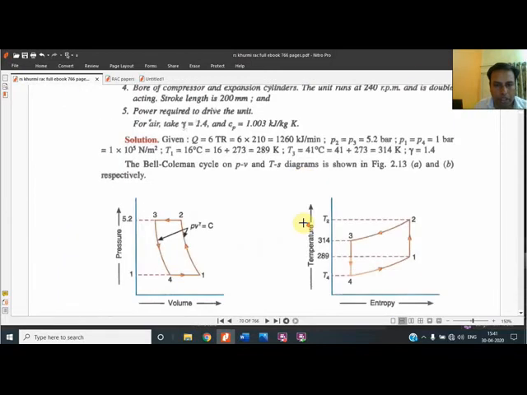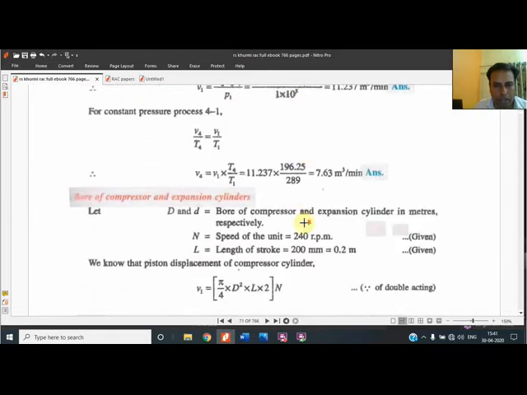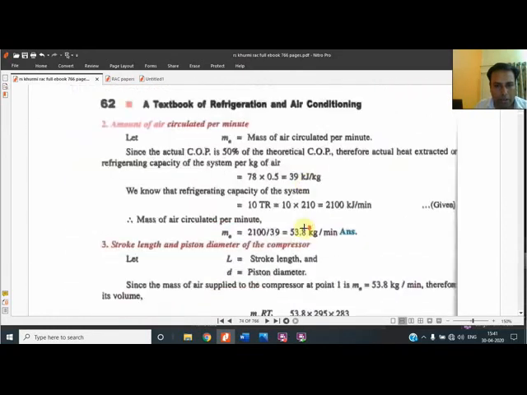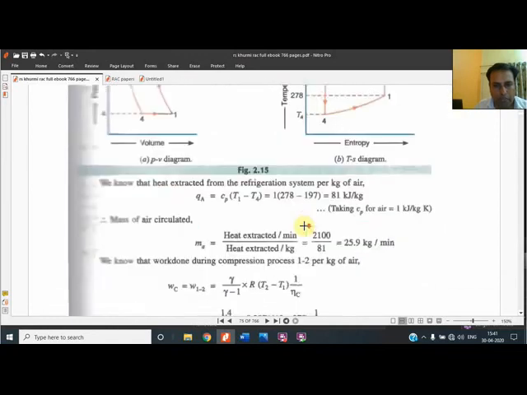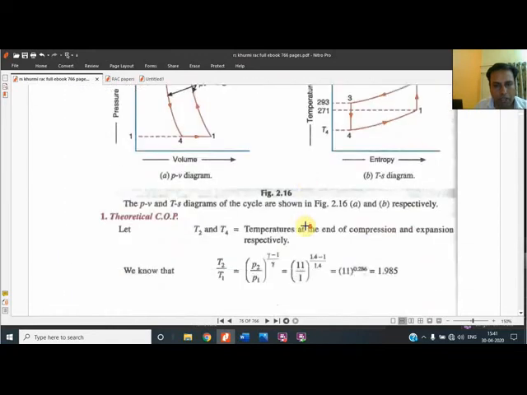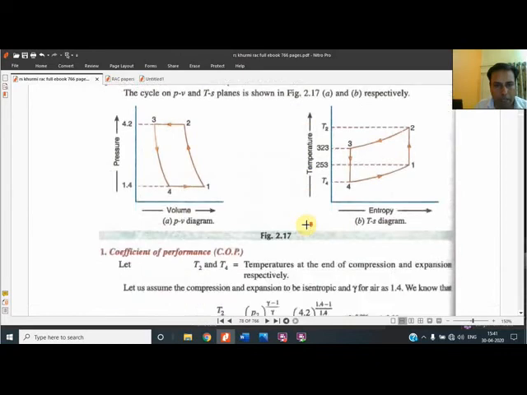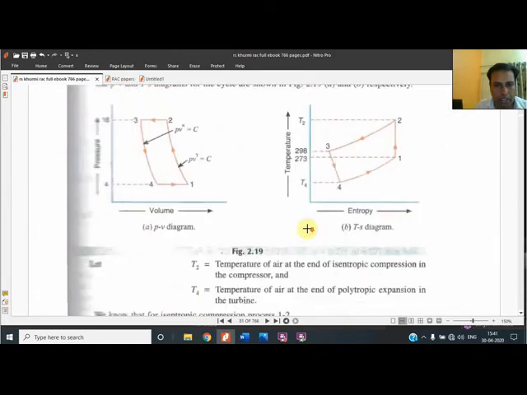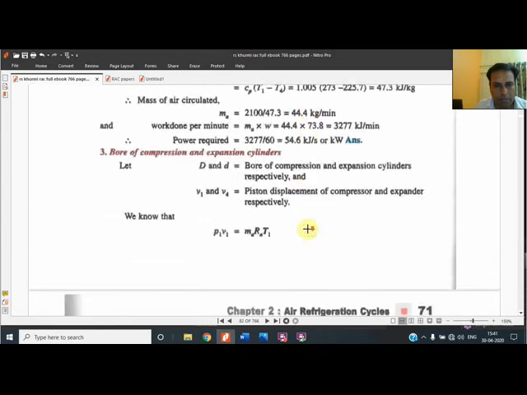The last thing I would like to tell you is that sometimes the compression doesn't take place by the isentropic law, means some actual compression takes place or the efficiency of the compressor is given. Then what do we have to do? I am scrolling down to that case in this book.